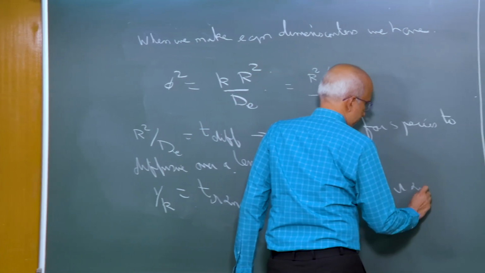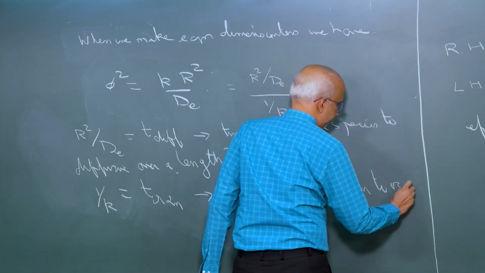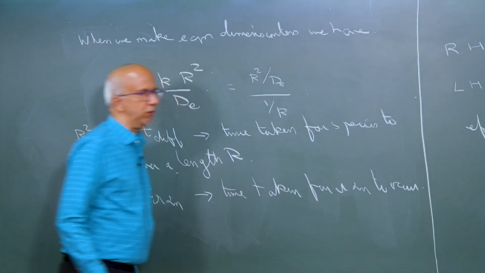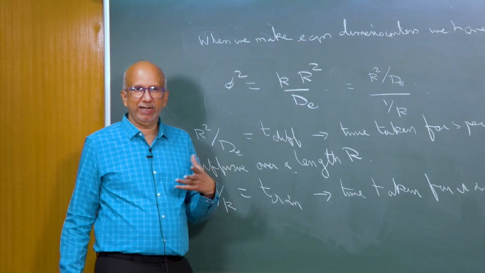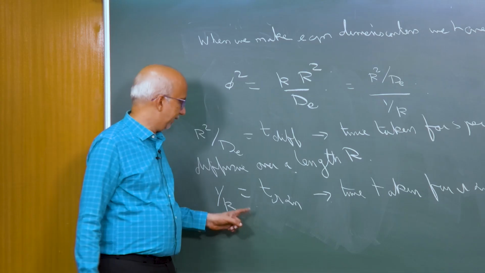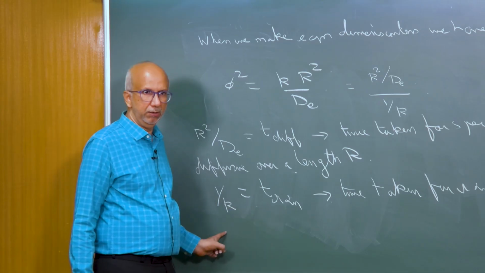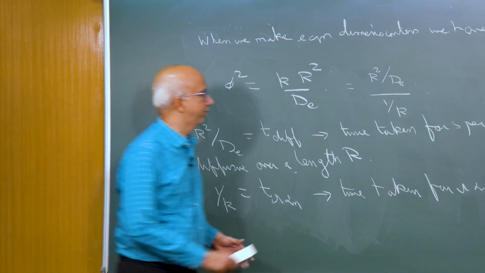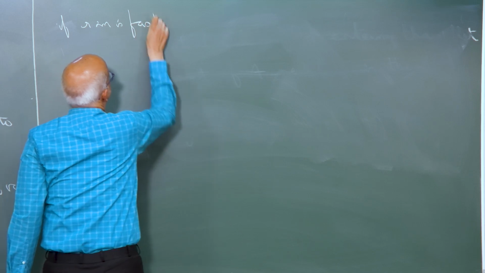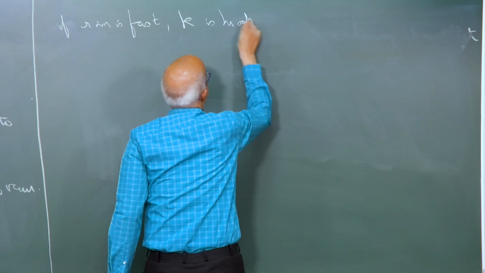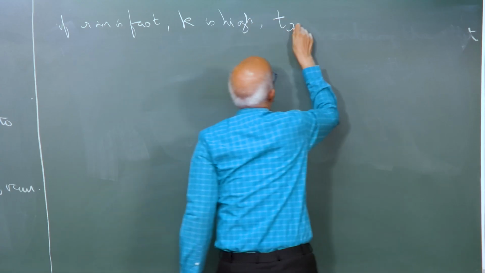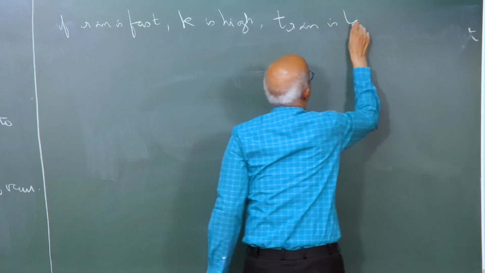So, if the reaction is very fast, K will be very high, the rate constant will be very high, and the time taken for the reaction to occur will be very low. So, if reaction is fast, K is high, and T reaction is low.